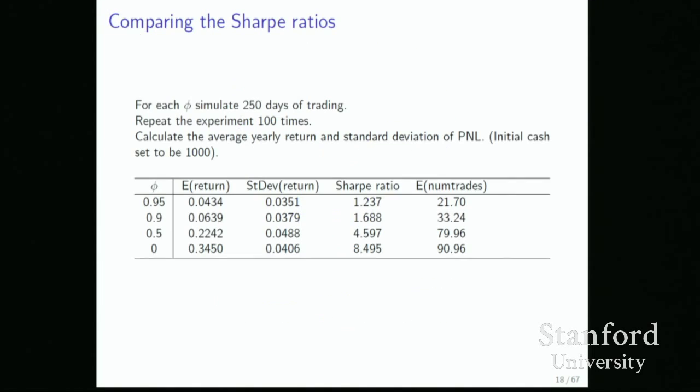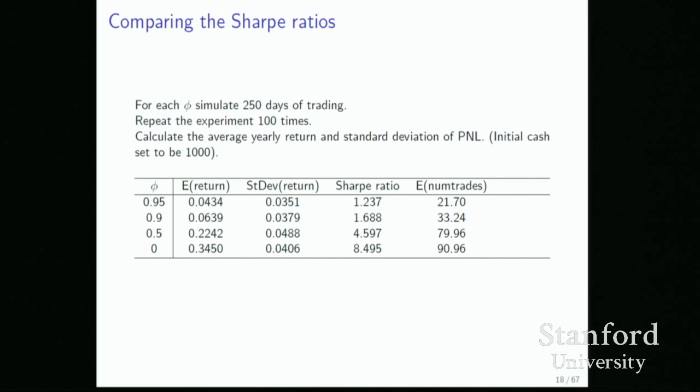If I summarize this information, this is what we have. We repeat the experiment 100 times and do the calculations based on the average yearly return, annual return, and standard deviation of the P&L.